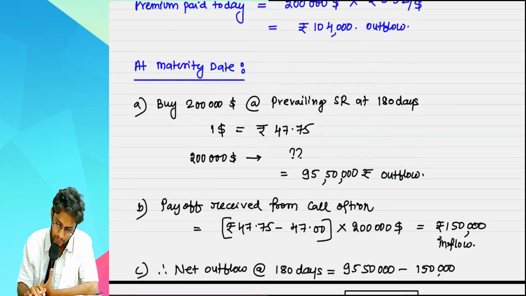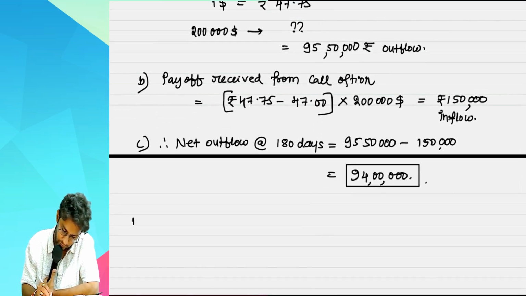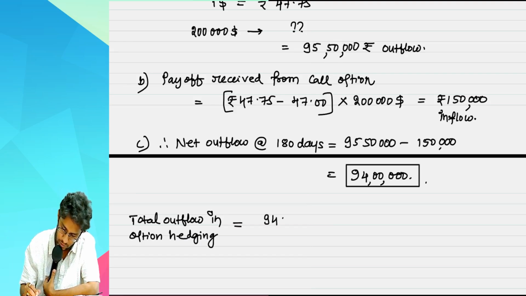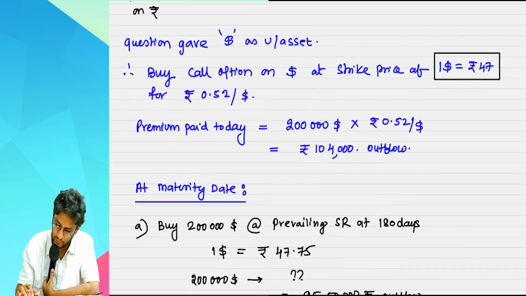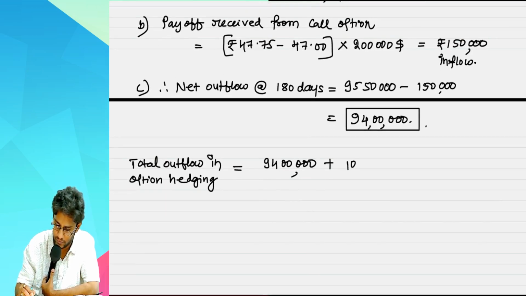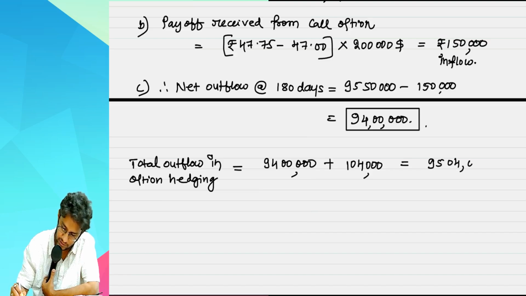But this is not over, sir. Total outflow in option hedging is equal to 94 lakhs whatever you are paying, plus on day one you paid a premium also, no? How much premium did you pay? 1,04,000. That also you have to consider. Plus 1,04,000, 95 lakhs 4,000. This is total outflow.